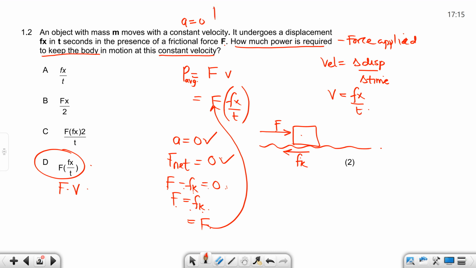And we know that F net is equal to ma. So if acceleration is zero, net force equals zero. That makes sense. Now, it undergoes a displacement Fx in t seconds. They've simply given us velocity. Because we know velocity is what? Change in displacement over change in time.